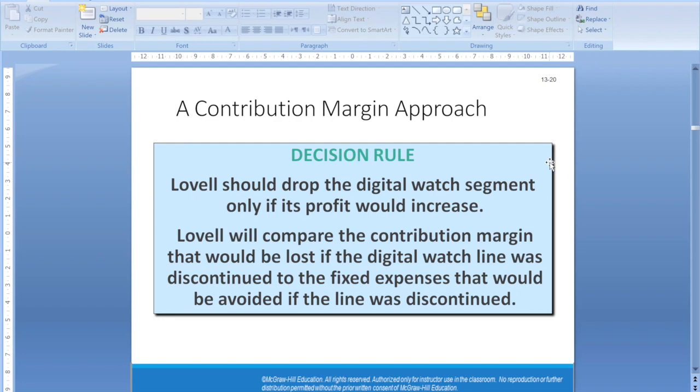If we close the line and our profit will decrease, then we will keep this line. Now, Lovell will compare the contribution margin that would be lost if the digital watch line was discontinued to the fixed expenses that would be avoided if the line was discontinued.